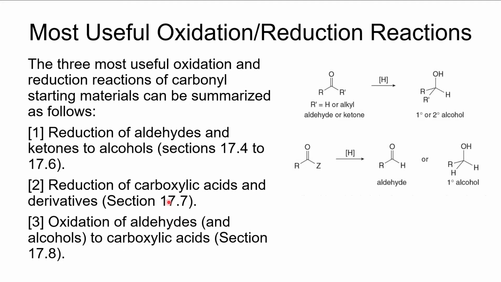And we'll look at that in section 17.7. We'll also be looking at the oxidation of aldehydes and alcohols to carboxylic acids. And we'll be looking at section 17.8 for that. So we've got some reductions, some oxidations, and so we're going to explore these and talk about them and look at mechanisms and things like that.